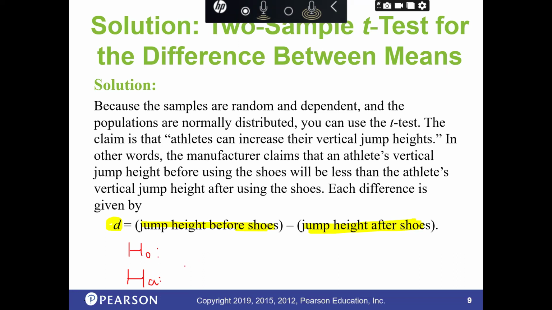So here's what we got. The mu difference is going to be greater than or equal to 0, and the average difference is less than 0. All right, and this one looks to be our claim.